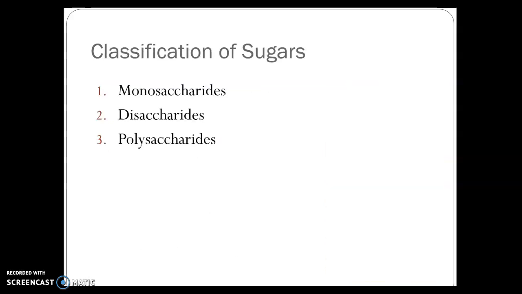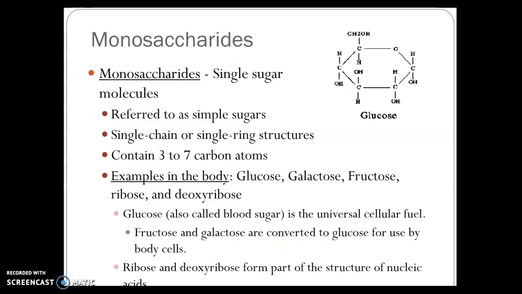So there's 3 different types of classifications. Monosaccharides, which, if you remember terminology, mono means 1, disaccharide, di means 2, and poly, as you should remember, means many. So it means there's a lot of chains together creating a sugar.